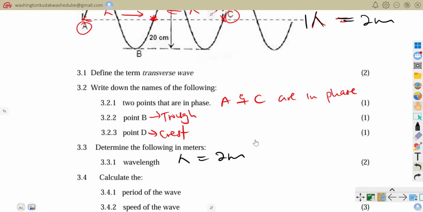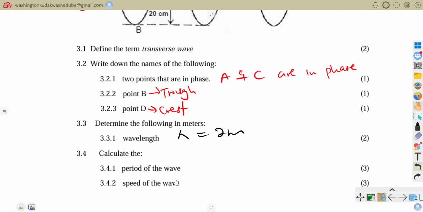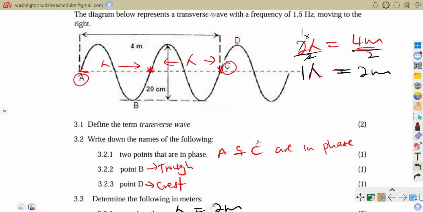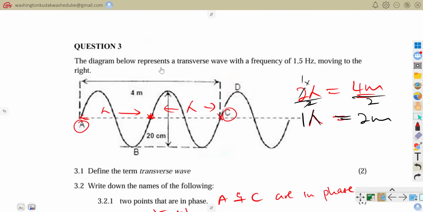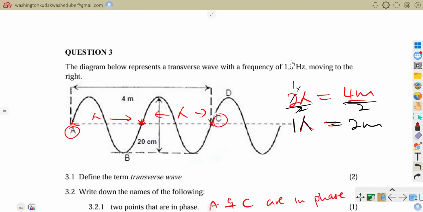Now they are saying calculate the period of the wave. We know that the period of the wave, which is T, is given by 1 over the frequency. Are we given any information to do with the frequency? They said the diagram below represents the transverse wave with a frequency of 1.5 hertz.